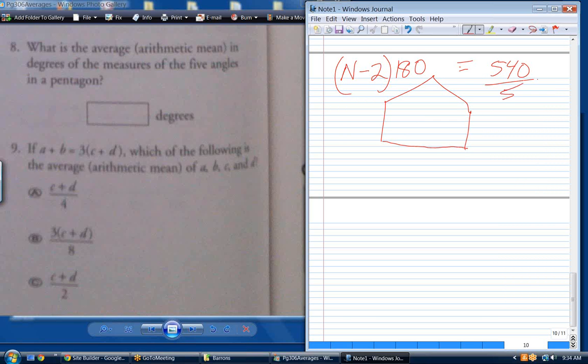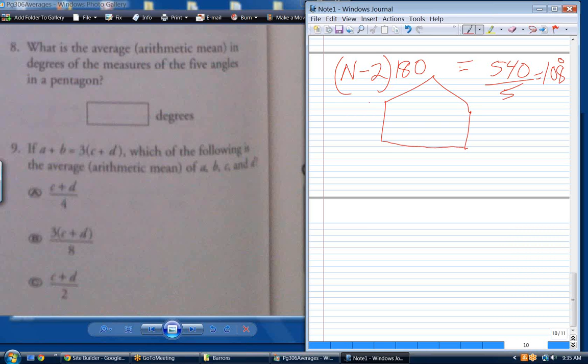Divide that by 5. There's my average. Oh, okay. It's easy to forget this formula. If you think you have the formula memorized, because they may ask you about a nonagon, a 9-sided figure, in which case you kind of need these formulas.